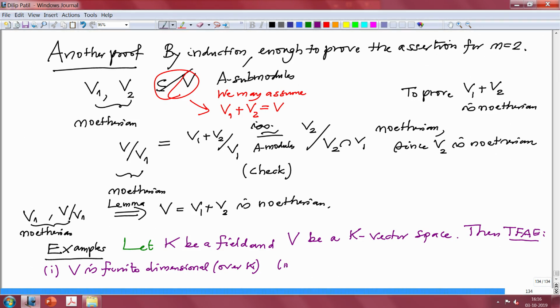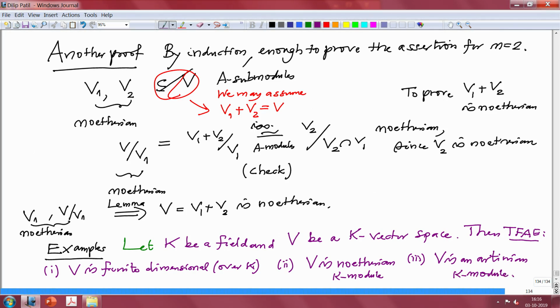Second, V is a Noetherian K module, obviously. And third, V is an Artinian K module. So in the case of vector spaces, finite dimensionality is equivalent to Noetherian as well as Artinian.